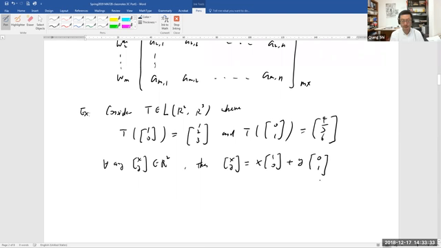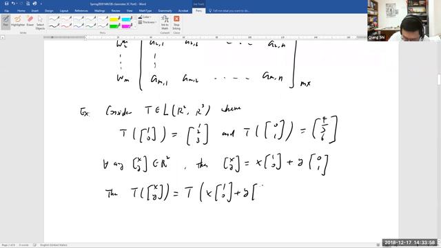No matter what your bases are, you'll always be able to represent a vector uniquely as a linear combination of these basis vectors. In the case of the standard basis, that's the easiest thing to do. It's just x times (1, 0) plus y times (0, 1). Then T acting on this is T applied on this linear combination, and since T is linear, this is x T of (1, 0) plus y T of (0, 1).